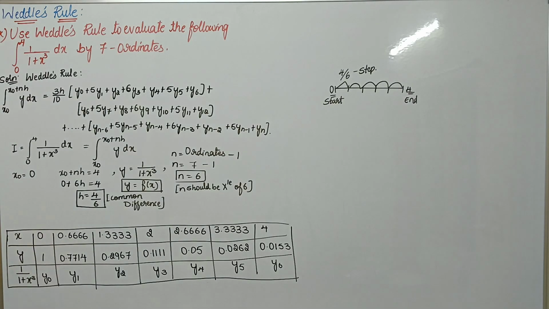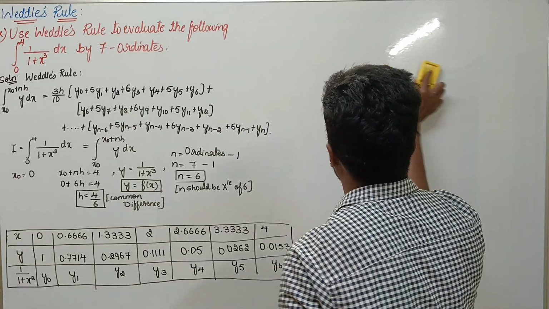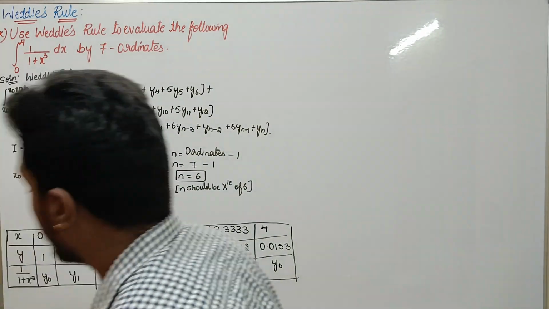Got the point? After representation of the table, now let us simplify in the formula. Till where? Till n equal to 6.